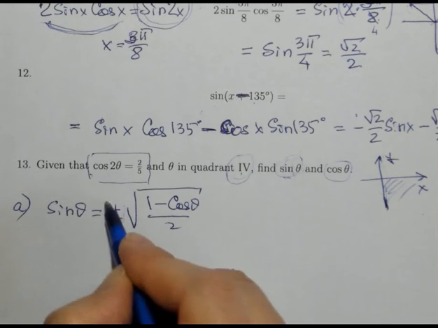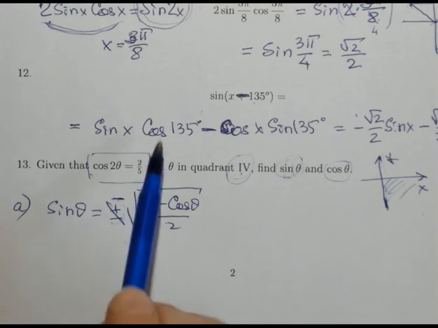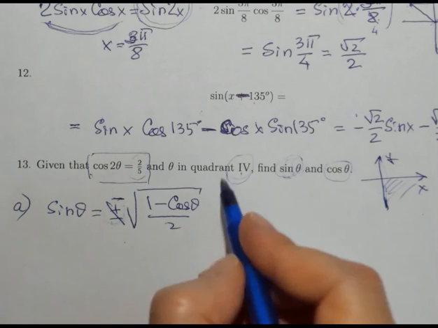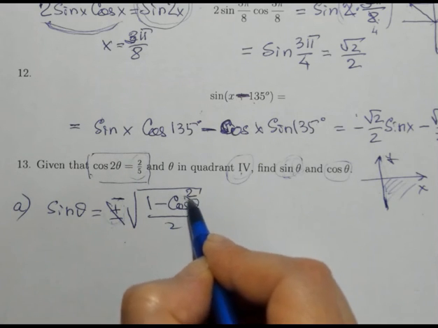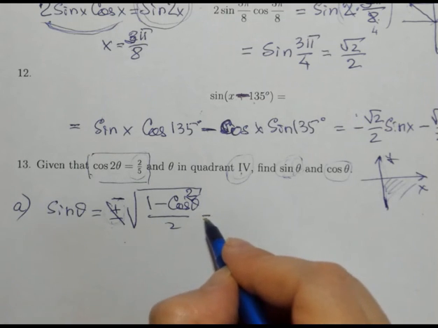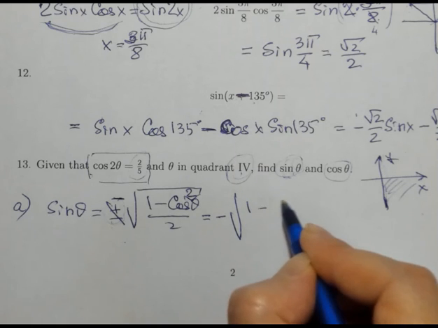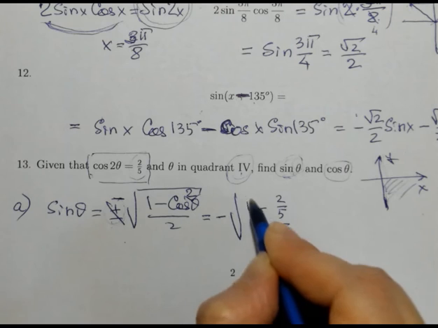So we choose the negative sign for sine of theta. And then we substitute the given value of cosine of 2 theta. So we have negative square root of (1 minus 2/5) over 2.